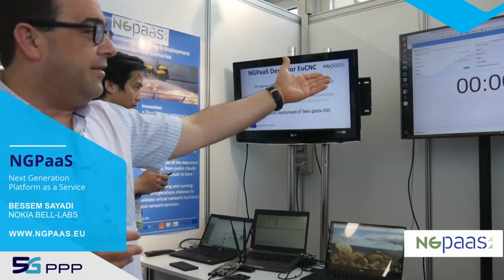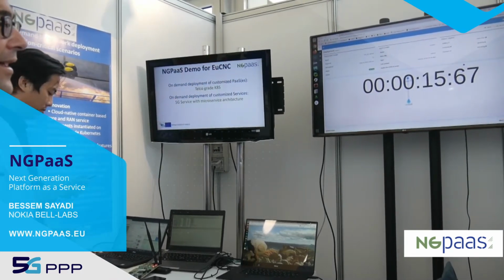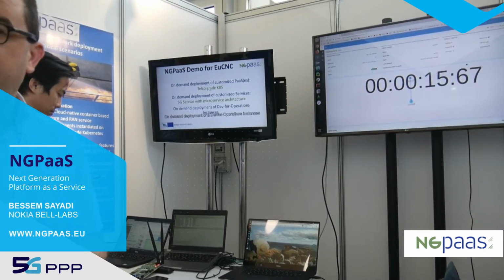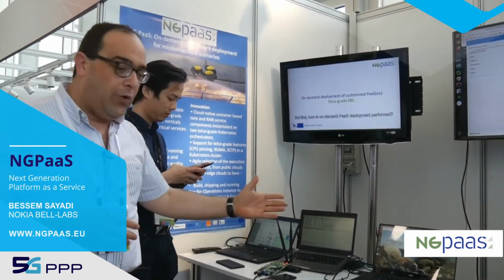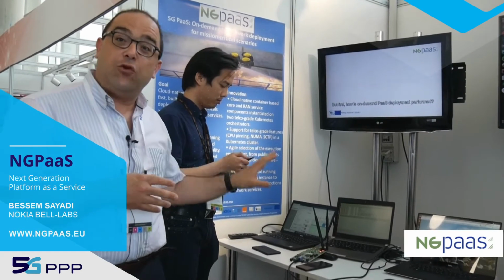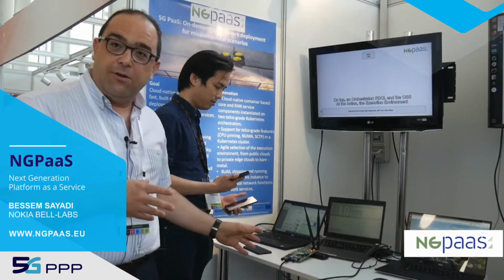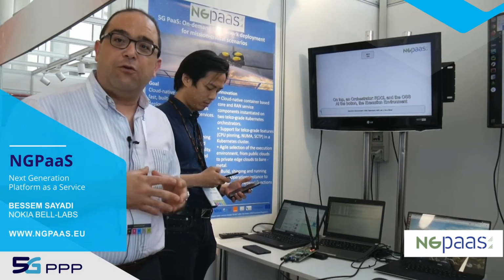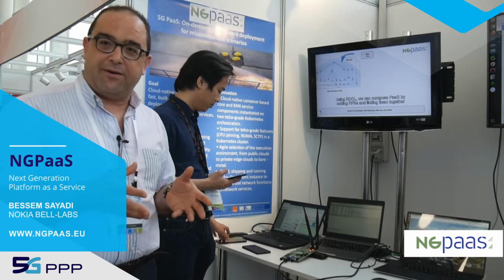As you can see, the RAN part is now deployed in less than 20 seconds. At this time, we have an end-to-end network, 5G, 4G for the RAN, 5G for the core, operational, and we have a coverage here of 40 meters, and the frequency is 850 megahertz.